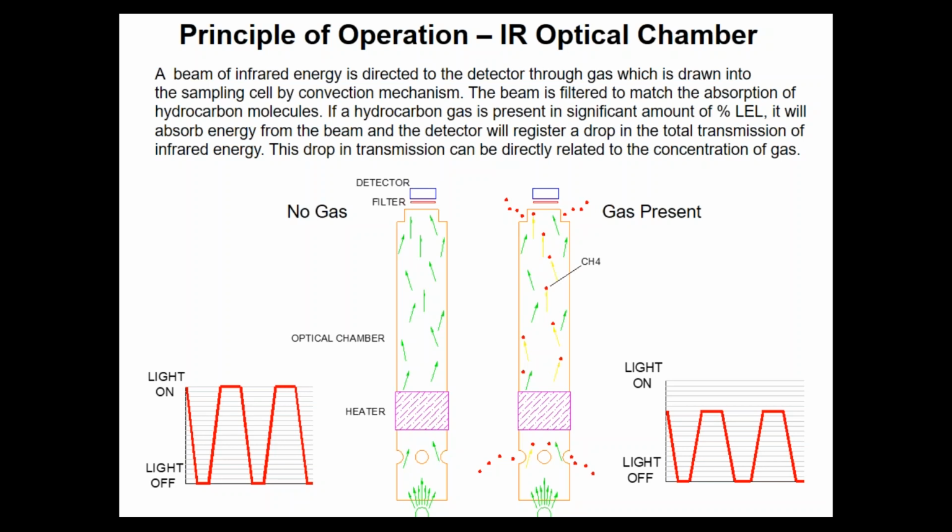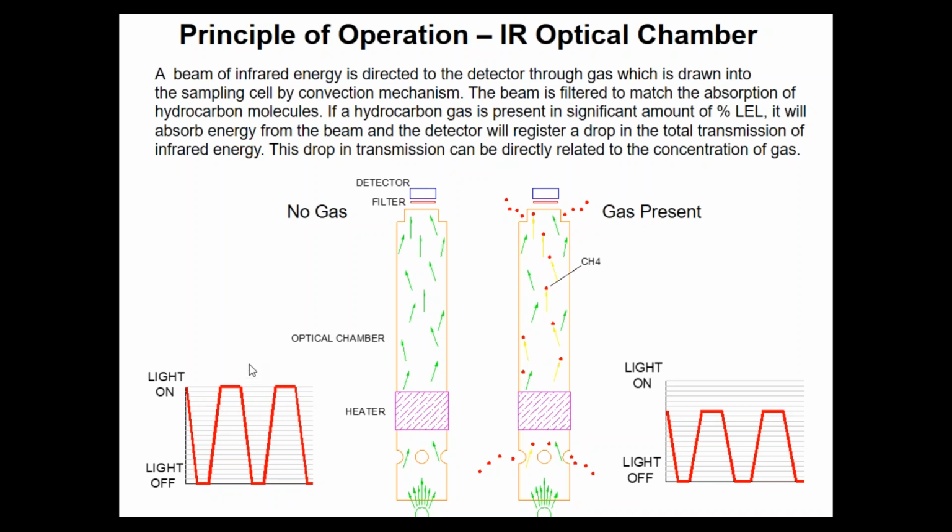On a single IR detector, let's use an example of 3.3 microns. When the light source hits that detector, it sees a very large amount of light. That is depicted by the graph on the lower left, which says when my light is on, I see a lot of light, and then when the light goes out, I see no light, and on and off and on and off.